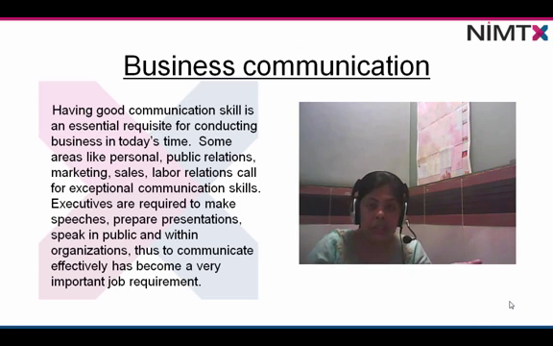Sales. Indeed, sales is a very, very important example that I can give, because if they cannot communicate, they cannot make sales. Public relations, labor relations. So, even today, if you must have seen in politics, if you don't communicate, you may be at a loss. So, everything today is based on communication.